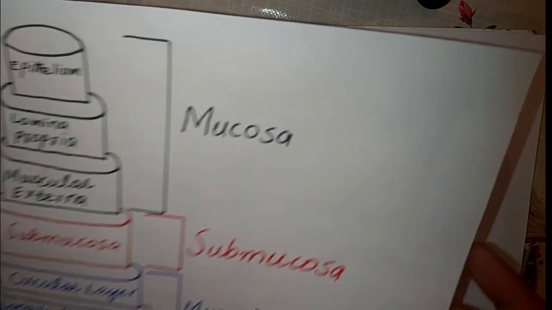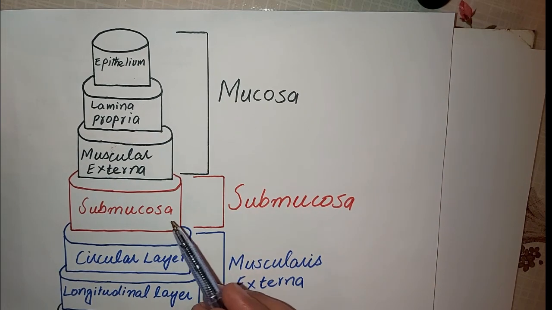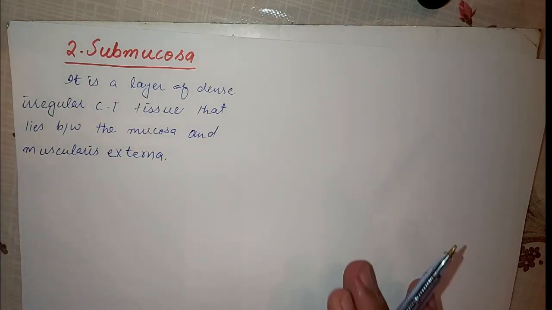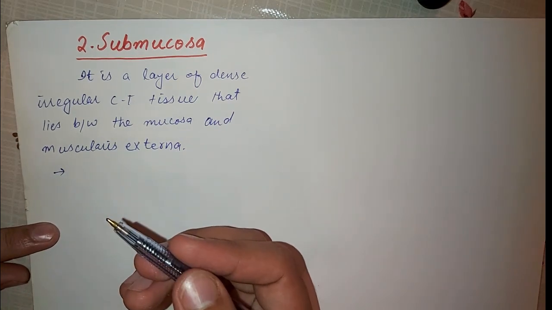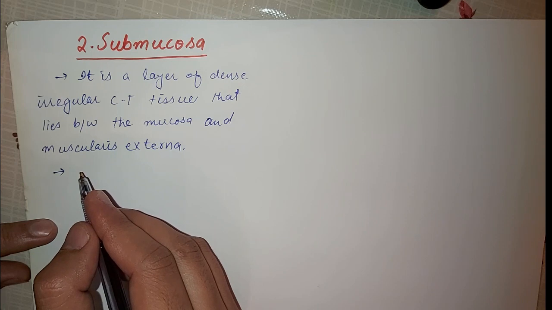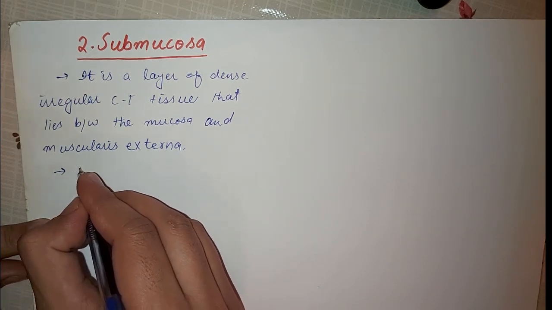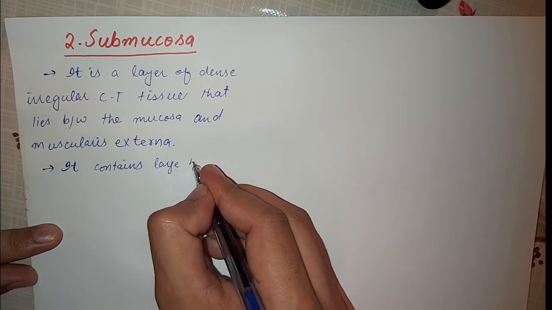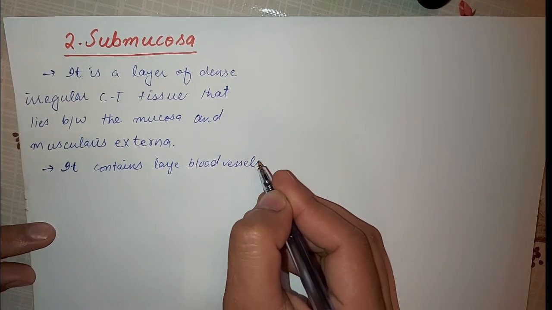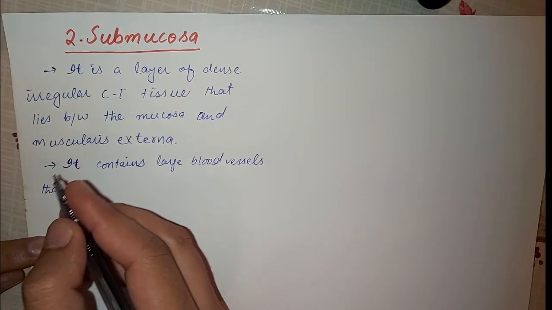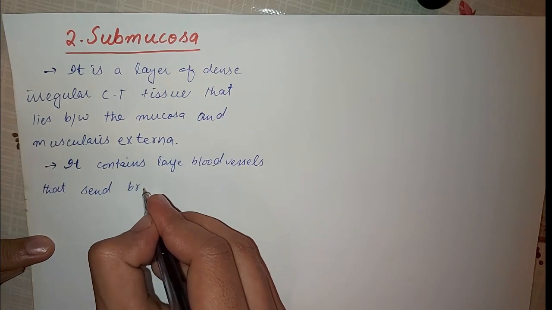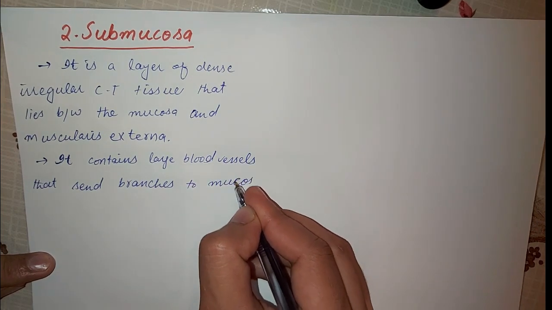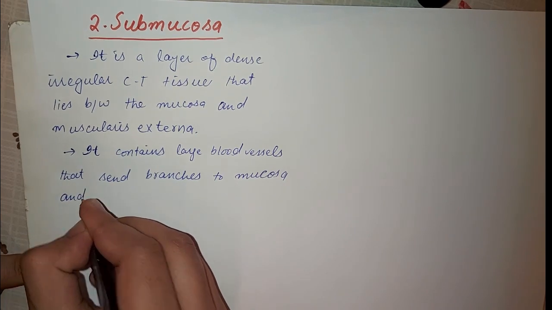In the diagram, we can see that submucosa lies between the mucosa and the muscularis externa.